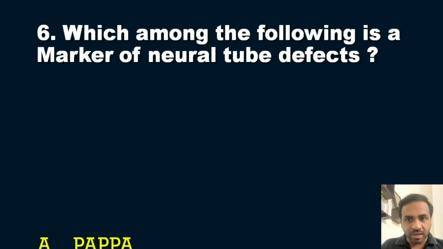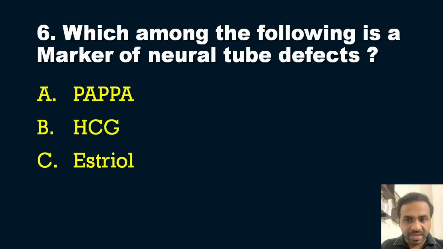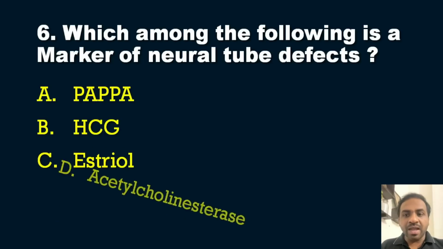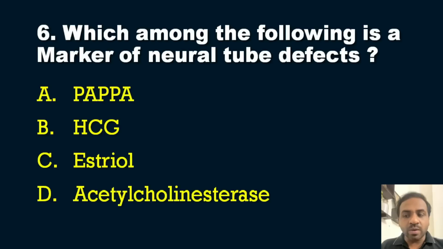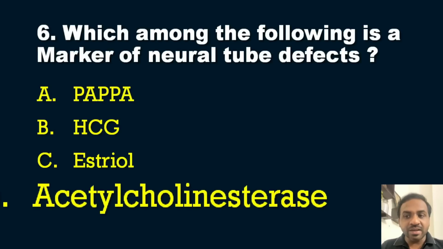The options are option A, PAPP-A, option B, HCG, option C, estriol, and option D, acetylcholinesterase. So what is the answer? Which is the marker of neural tube defects? The answer for this question is option D, that is acetylcholinesterase.